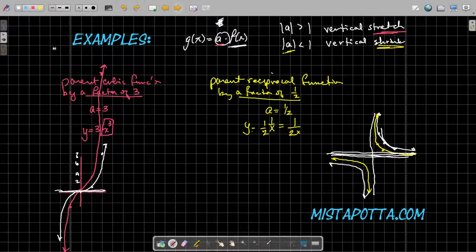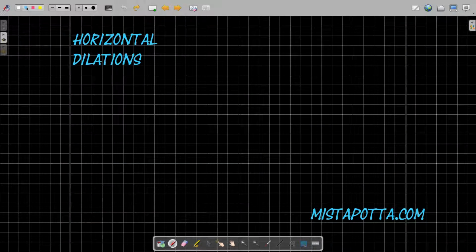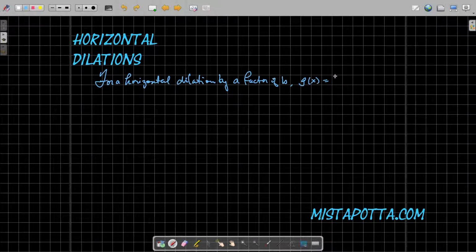So the next thing I want to talk about is what a horizontal dilation is. It's going to be very similar for us. For a horizontal dilation by a factor of b, what we have is g of x is equal to f of b times x.